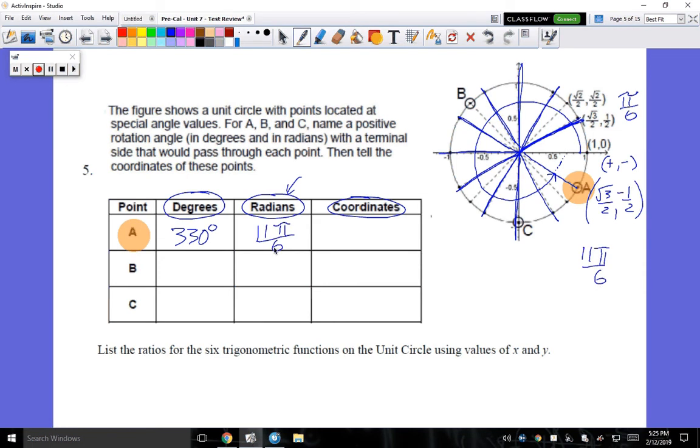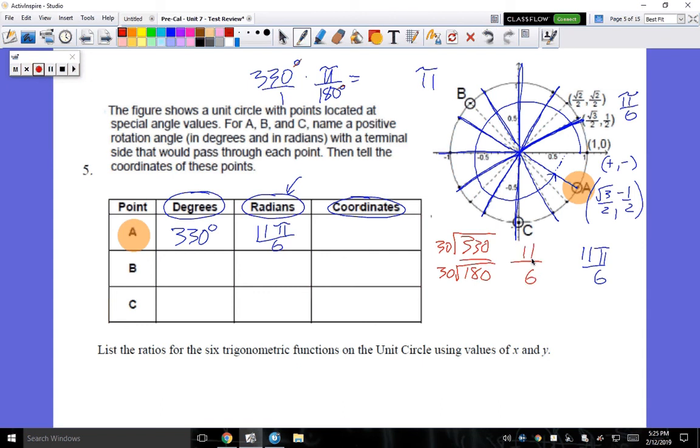Now, if you didn't have the speed with that, you could always do what we did last unit of converting the degrees to a radian by multiplying by the pi over 180 ratio. Okay? So that means you would have pi and the degrees would cancel, and then you just reduce 330 over 180. So to know that, you can divide both by 30, which would leave a 6 on the bottom and an 11 on top.